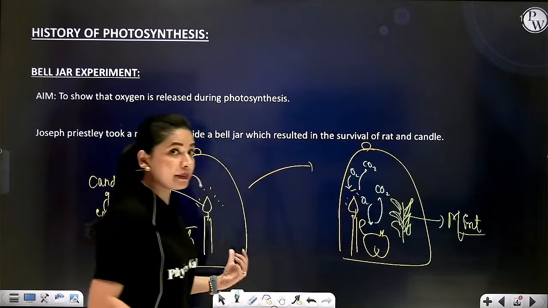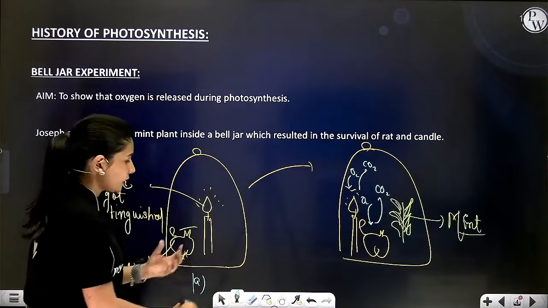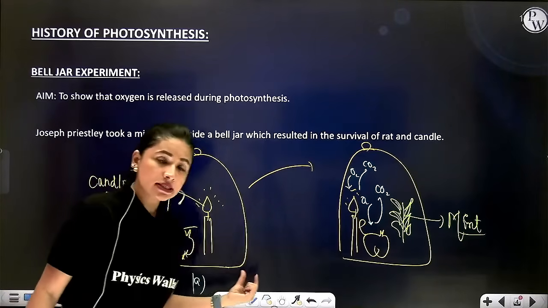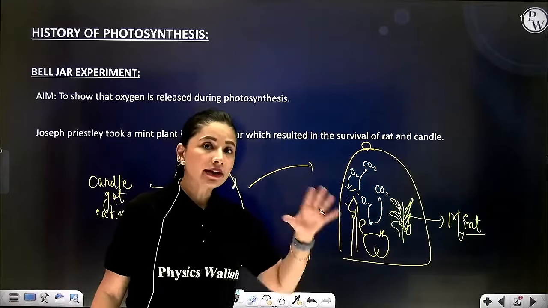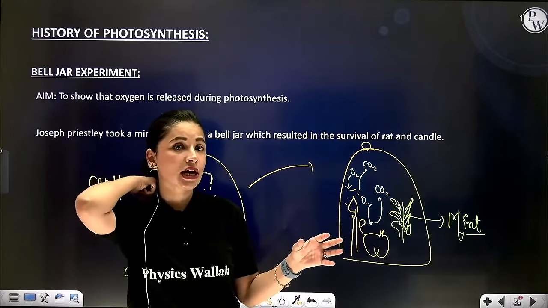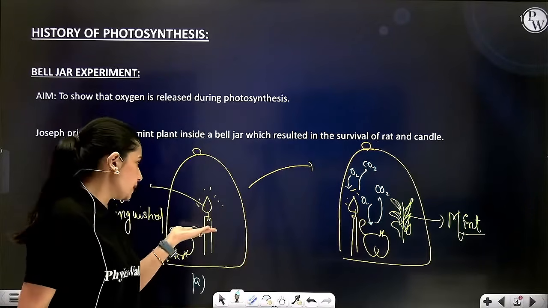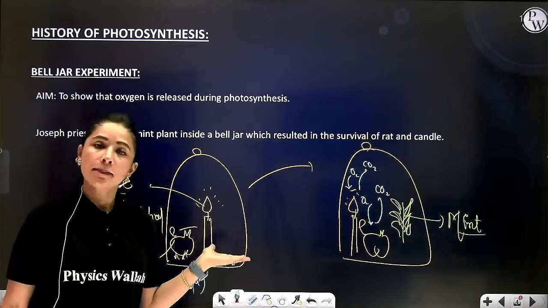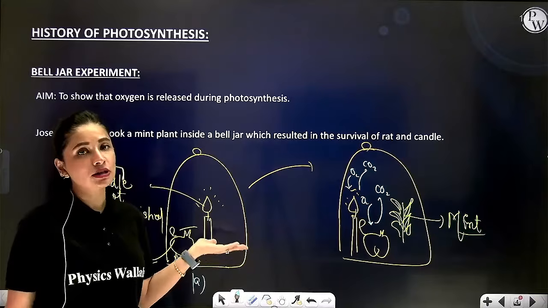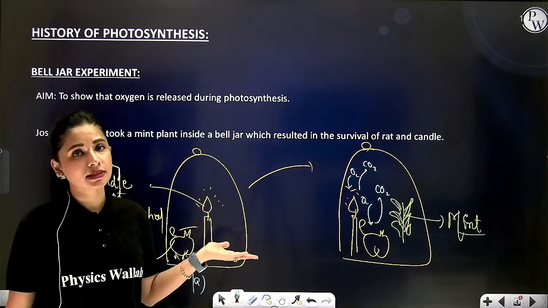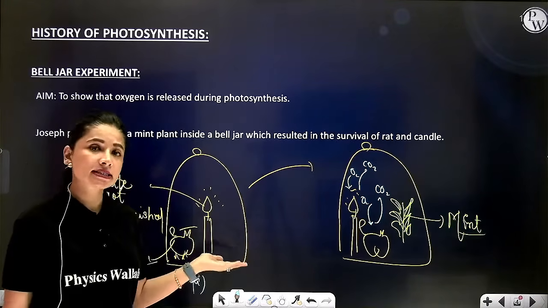So what happened in the A setup? After some time, the entire oxygen inside the bell jar was consumed and there was no oxygen left for the burning candle and the live mice. So because of the lack of oxygen, after some time the candle got extinguished and the mice died.